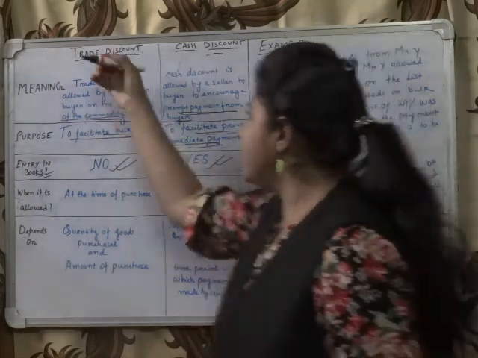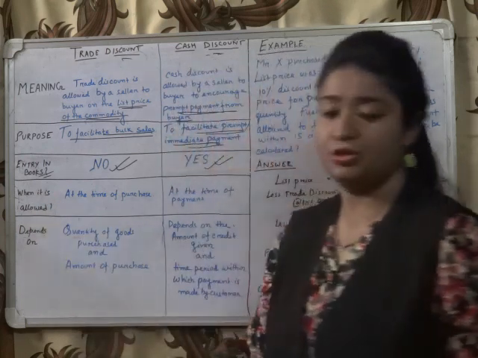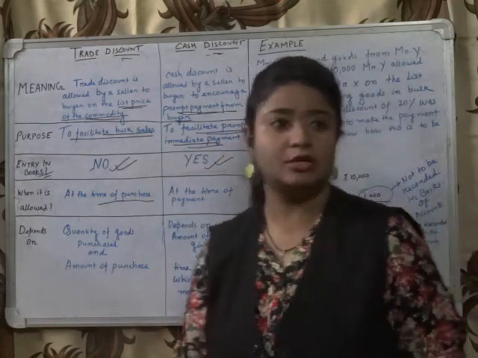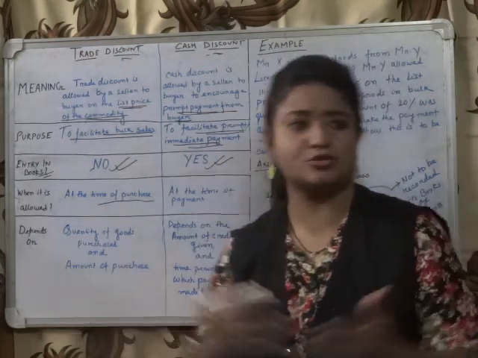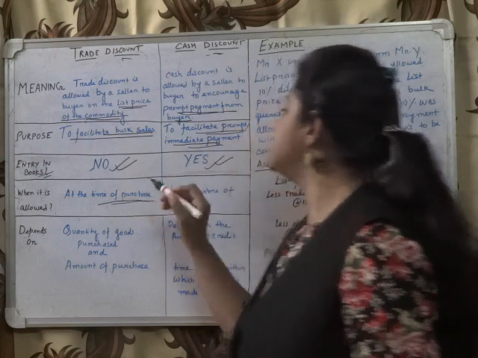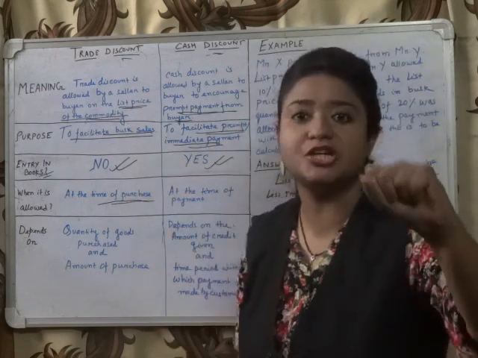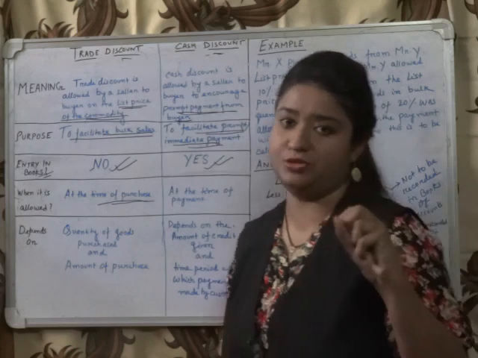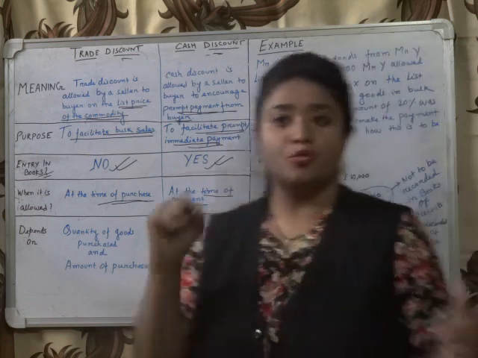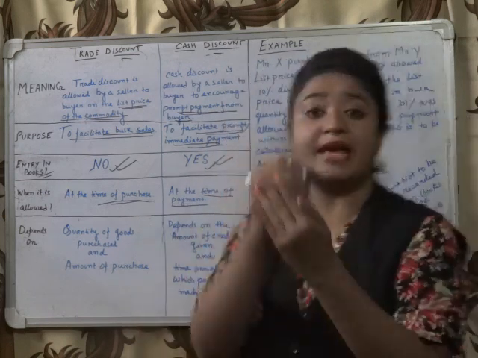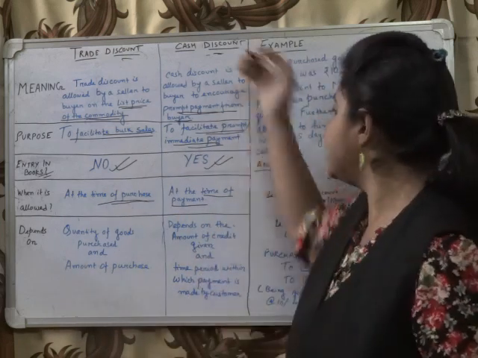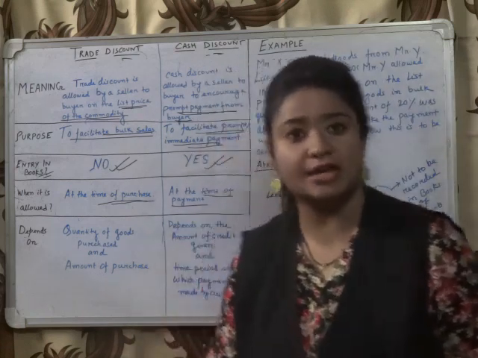Okay. Next is when the discount is allowed. Trade discount is allowed at the time of purchase. Whenever a retailer or a customer is going to purchase any goods, the trade discount will be allowed at the time of purchase. And cash discount will be provided at the time of payment, when he is making the payment for the goods, by the seller to the buyer.